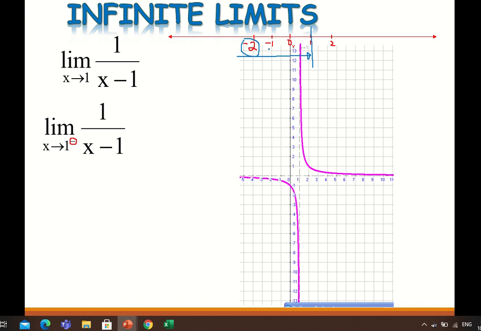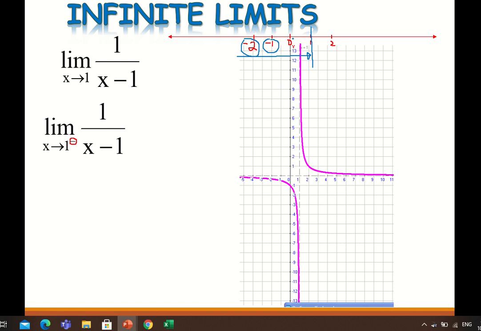If you take, for example, negative 1, you have negative 1 minus 1, so negative 2. So 1 divided by negative 2, your value is also negative. As you approach 0, when x equals 0, you have 1 divided by 0 minus 1, which is negative 1, so that's still negative.